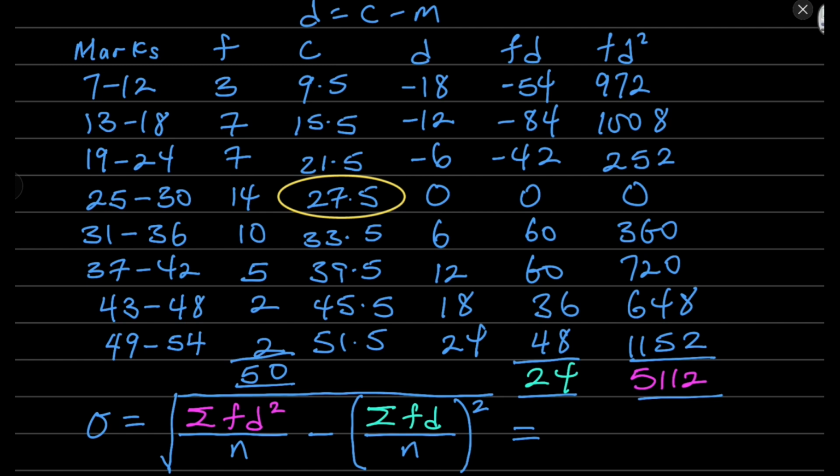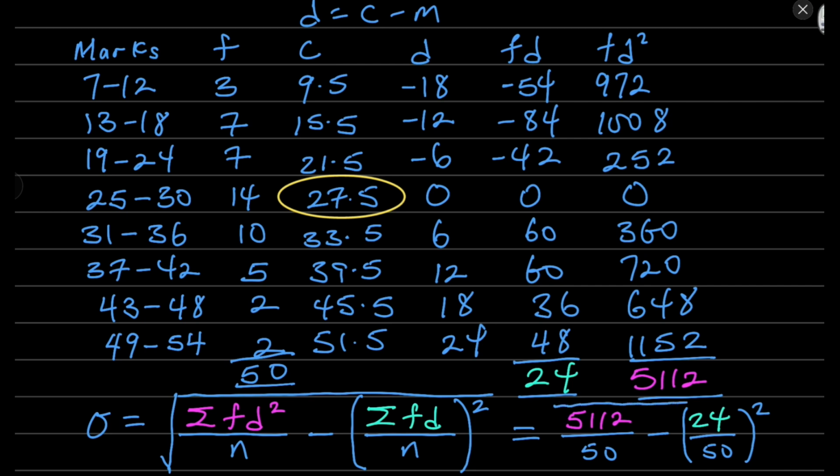For the first one we have summation FD squared as 5112 divided by n. N is 50, minus summation FD, which is 24, divided by n, which remains 50. This one we're taking the all square.